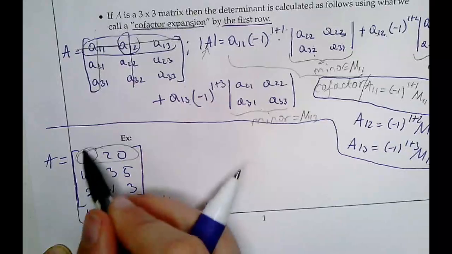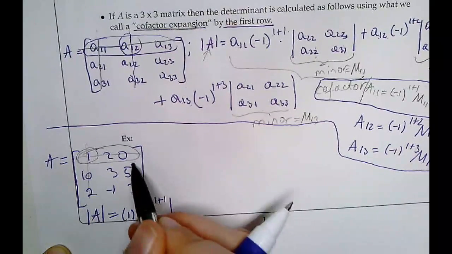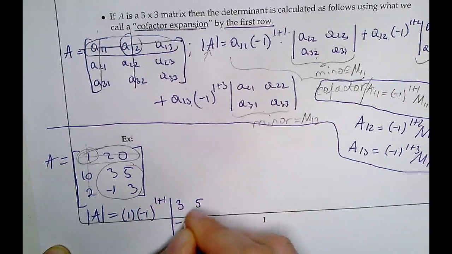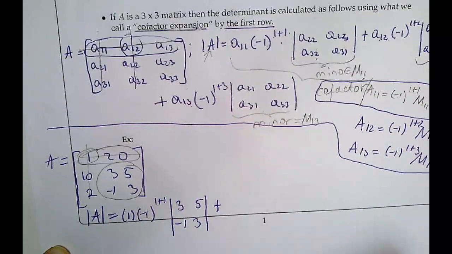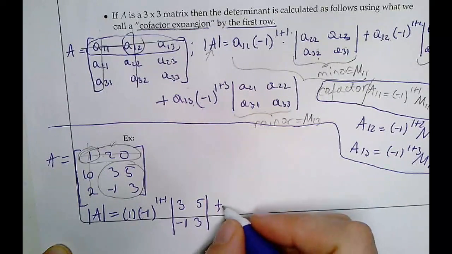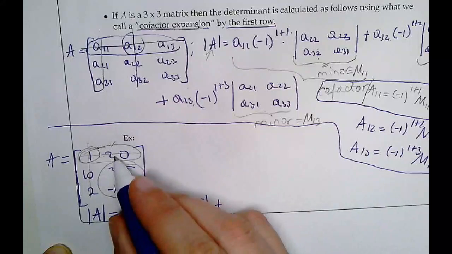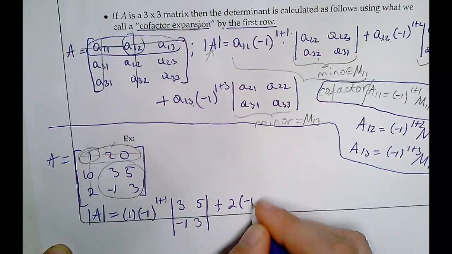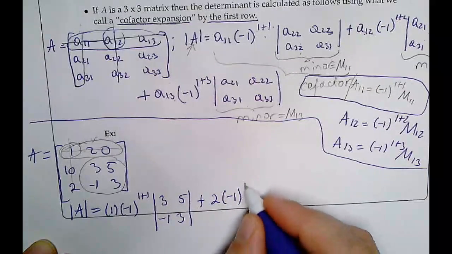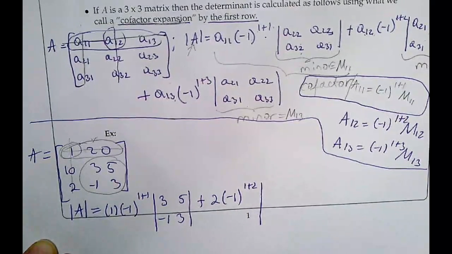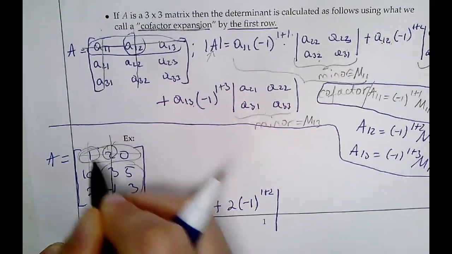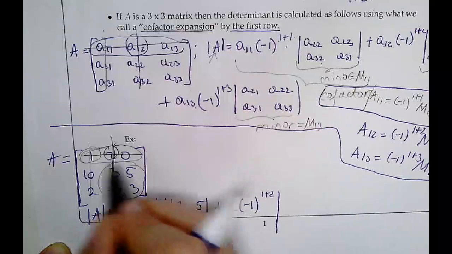So if I remove the first column and the first row, the minor that I have left is this one. So times 3, 5, negative 1, 3. So that took care of the first element. Now the second element, that's going to be A12, which is 2 in our case, times negative 1 to the 1 plus 2, times what's left if I remove the second column and the first row.